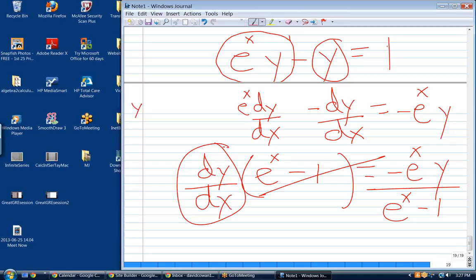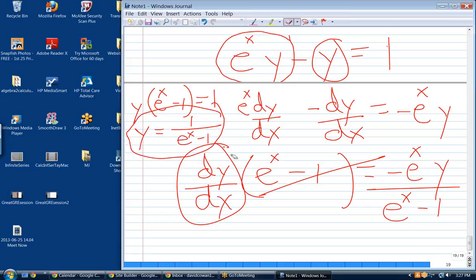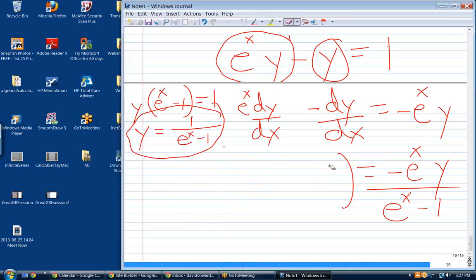So I'm going to have y times e to the x minus 1 equals 1. So if I solve for y, I get 1 over e to the x minus 1. So there's y. And let's see if we get this same answer.